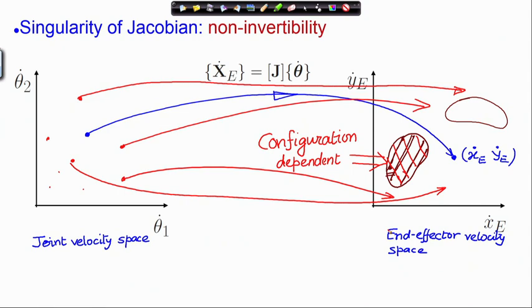Under very special configurations known as singular configurations, we have these regions. So, only at singular configurations we have regions of non-attainability of end effector velocity.